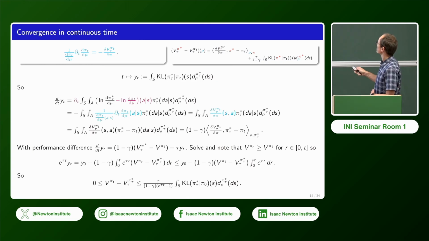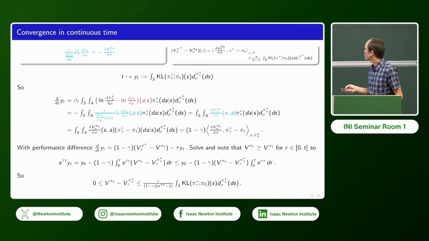And this, you see, is just performance difference. So I substitute the one term, and another term that comes from performance difference. I get something that looks like this. You solve it and move things around, and you get exponential convergence. So it's the simplest calculation in the world. Of course, you have to check that all the manipulations are valid, but that can be done.